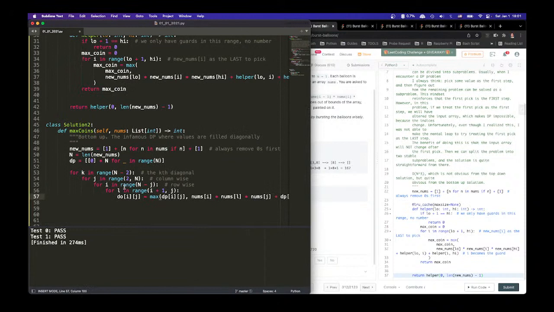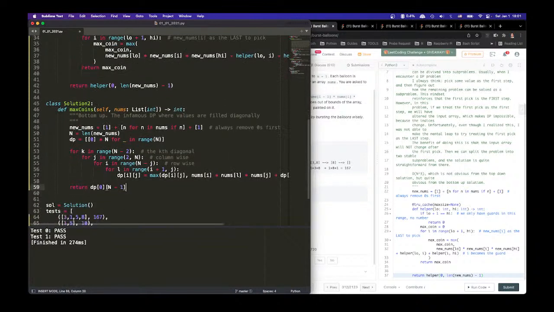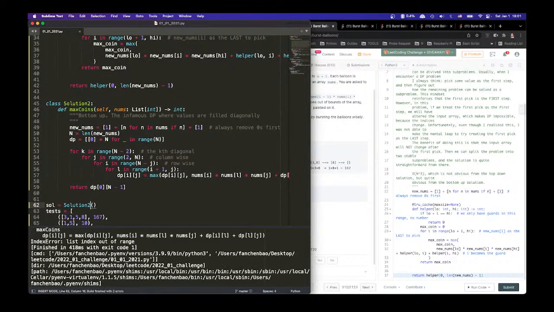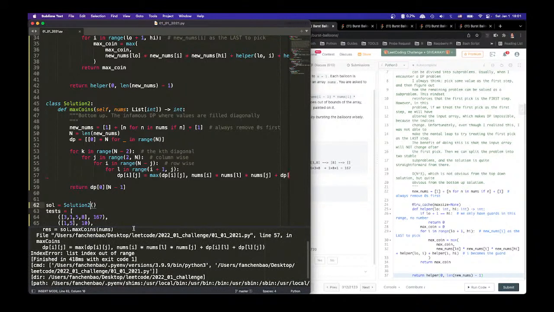That's 4 levels. Dude, that's 4 levels. Then we return, that's not do, it's dp. Return what? dp 0 and n minus 1. I'm not 100% sure on this one. Next out of range. The heck?